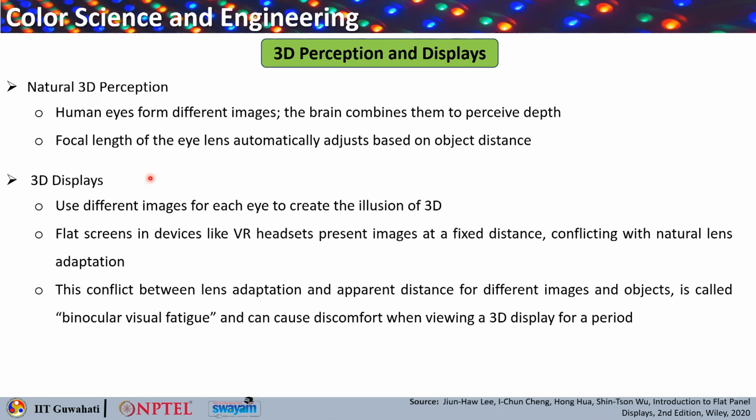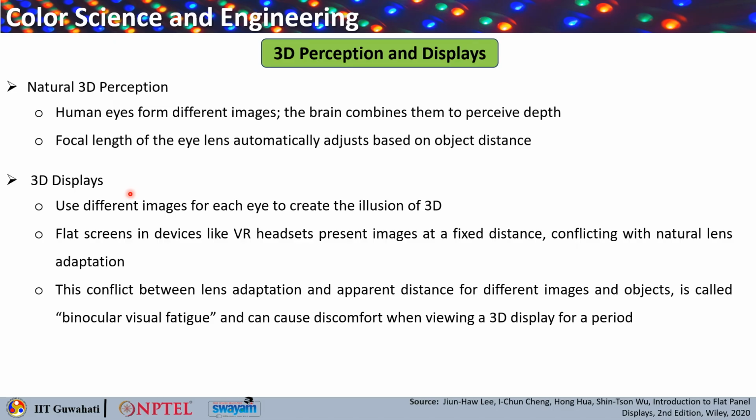So, you can think of all this together to create a 3D display that uses different images for each eye to create the illusion of 3D. So, here the display is creating the illusion of a 3D object.